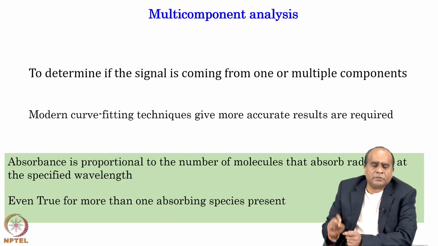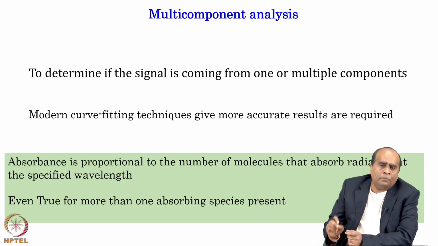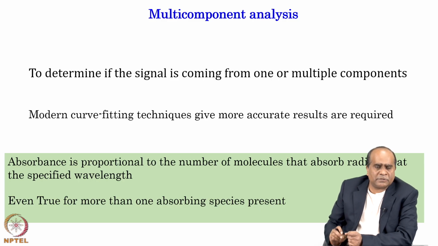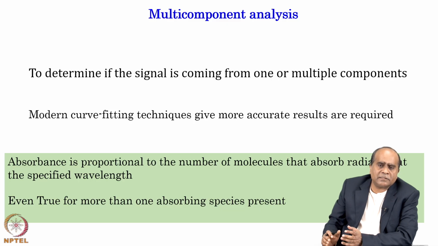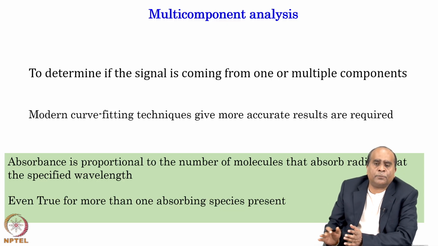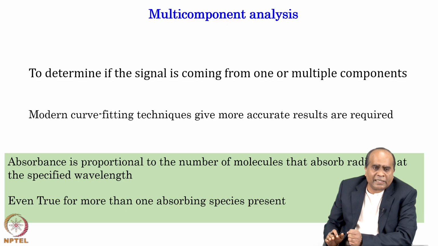Why? Because in any substance or a biological molecule, it could be possible that more than one chromophore is there. So, the signal is coming from one or multiple components. If it is coming from multiple components, then the spectrum is a sum of two or more reporter chromophores.